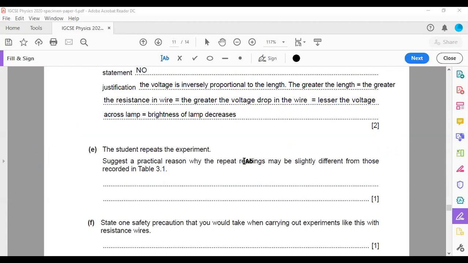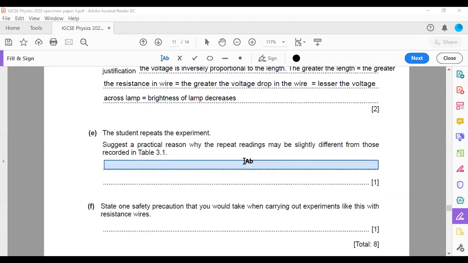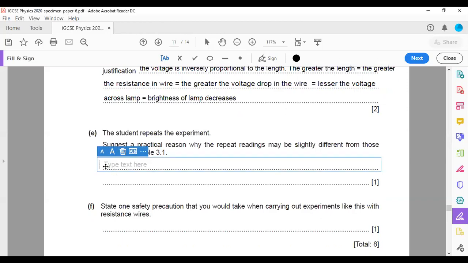They said now the student repeats the experiment. Suggest a practical reason why the repeat readings might be slightly different from those recorded. So you do the same experiment again, but you get slightly different readings. The first thing that could cause that is the resistance wire.